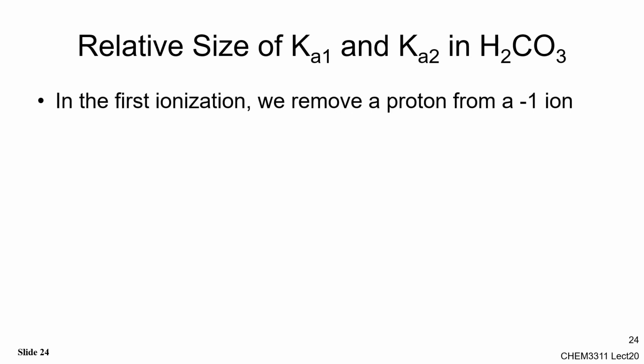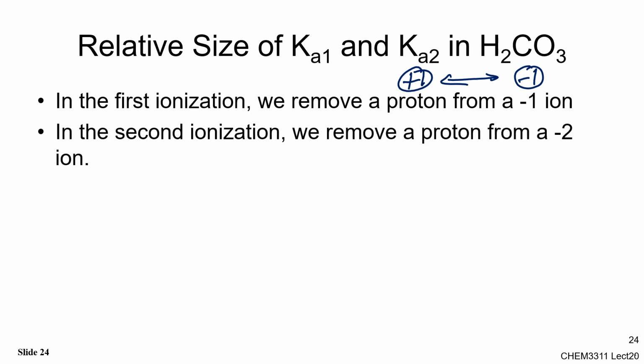Right? In the first ionization, we remove a proton. Remember, a proton is +1, and we're removing it from a -1 ion. The attractive force here is 1 times 1 divided by 4 pi epsilon 0 times the square of the distance between the two charges. What happens when we remove the second proton? We still have a positive charge, but now we have a -2 charge that we're separating it from.